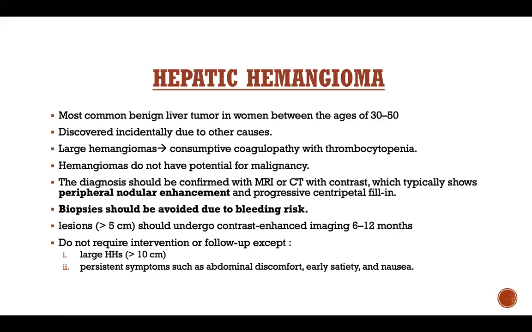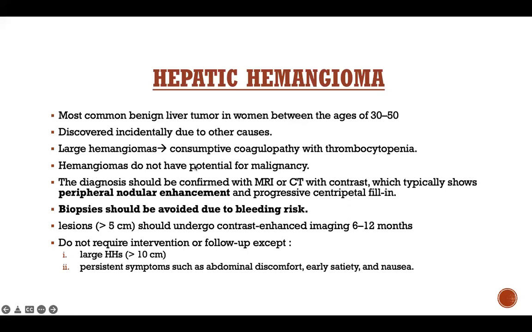We have said that in portal hypertension, there's hypersplenism, where the spleen sequesters the thrombocytes and red blood cells. Here, with a large hemangioma, we have seen patients with thrombocytopenia because of this reason.